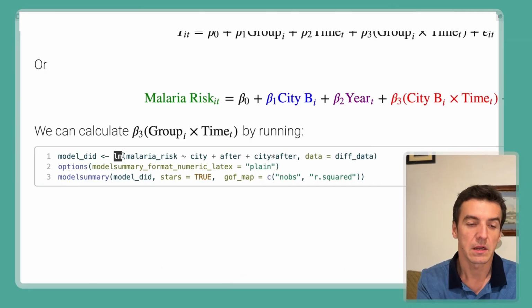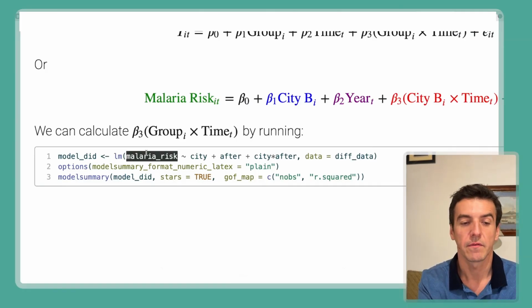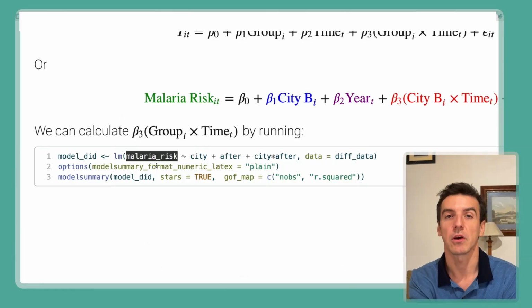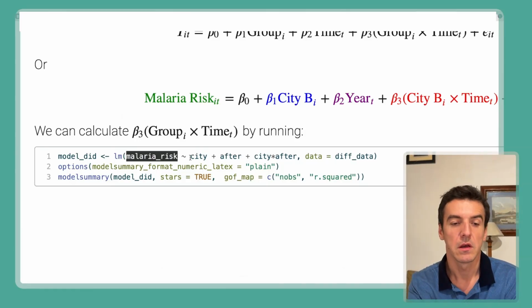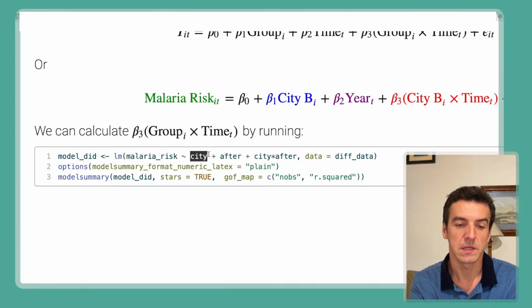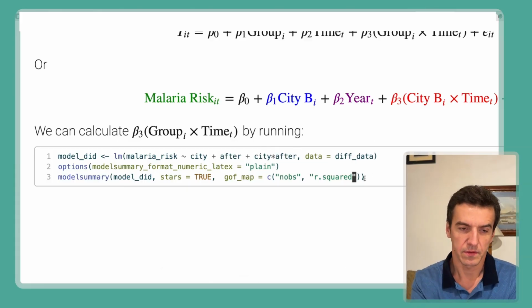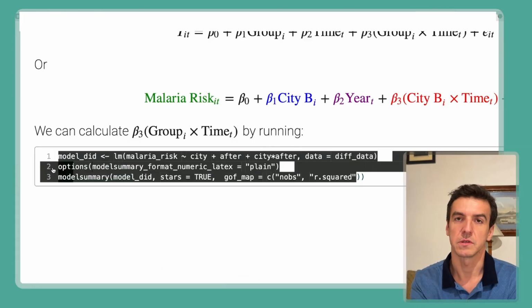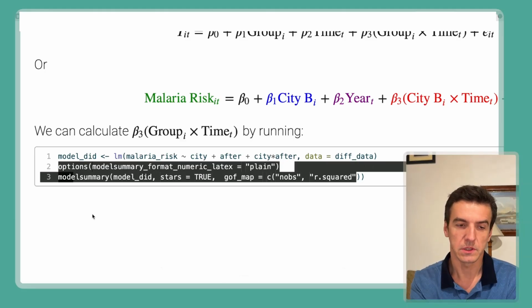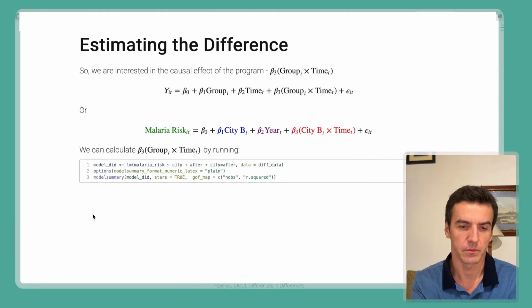We simply take a linear model. We have the outcome of interest, the dependent variable, which is malaria risk. And then we have city, after, and the interaction between city and after. All the other things are just simple options in order to make the table look more readable.